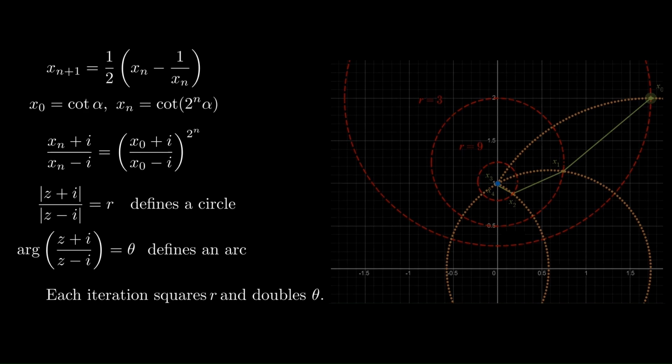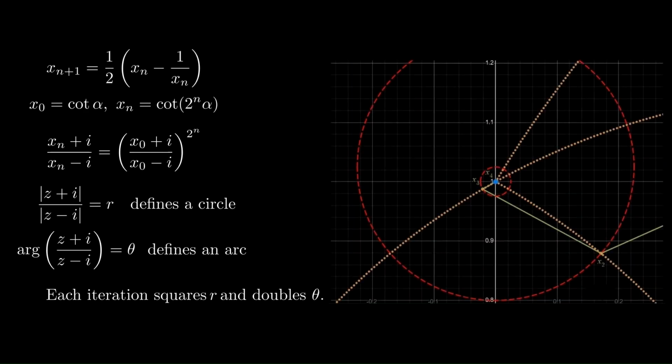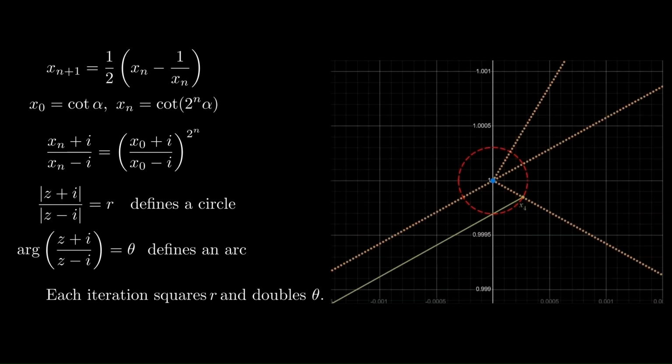And to see that, we'll have to zoom in much, much closer. If we zoom in far enough, we see that indeed x4 does lie on the intersection of a very, very small circle with one of those orange arcs.